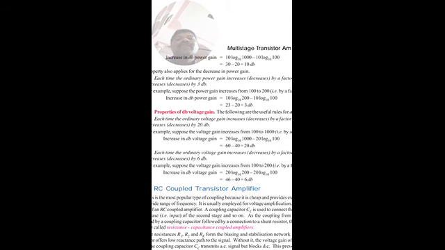The increase in dB voltage gain is 20 log of 1000 minus 20 log of 100, that is 60 minus 40, which is 20 dB.